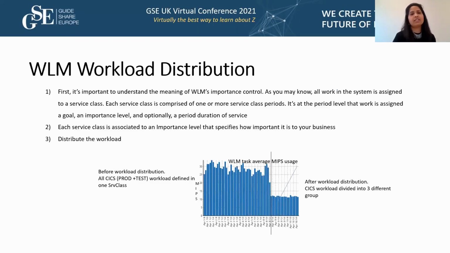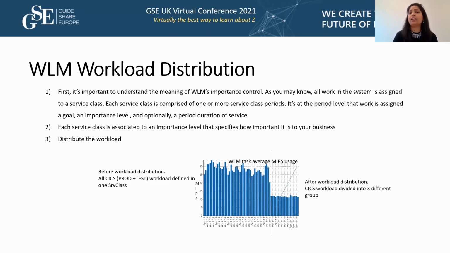The next one is WLM workload. First, it's important to understand the meaning of WLM importance and controls. As you may know, all work in the system is assigned to a service class, and each service class is comprised of one or more service class periods.